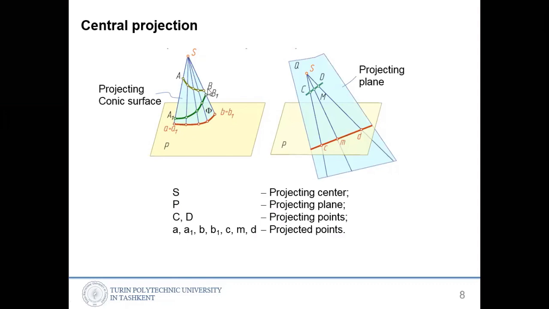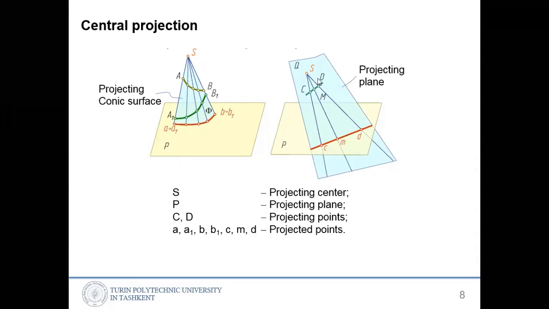We can make many points on the curve, and then by using rays from S to each point, we generate a ray until it intersects the plane P. Then the point A or A1 can be generated here, and another point. Many points can be found as the intersection points of the projections on P. And then if you connect them, that will be the projection of the curve onto the plane P.